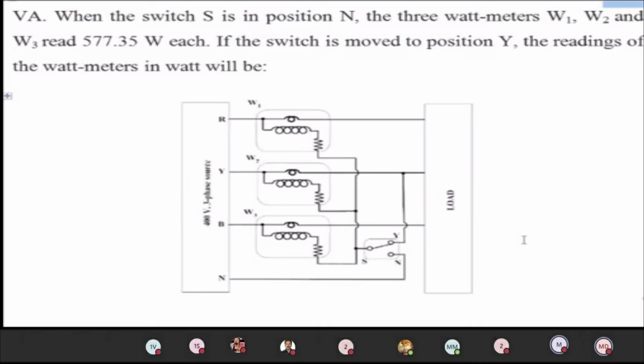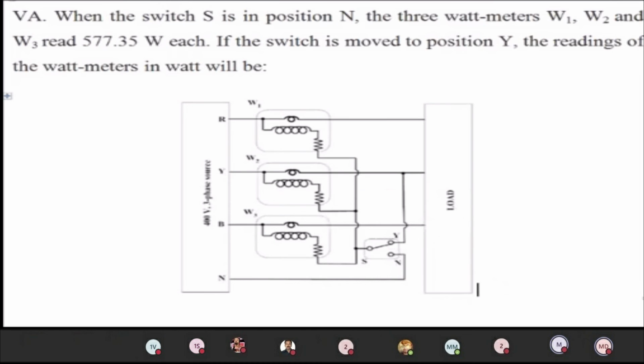So usually for a 3-phase, the 2 wattmeter method is enough. Here it has been given that while it has been connected to neutral, all the 3 meters are reading 577.35 watts each. So what will be the reading of the 3 wattmeters if the switch has been changed from neutral to position Y?